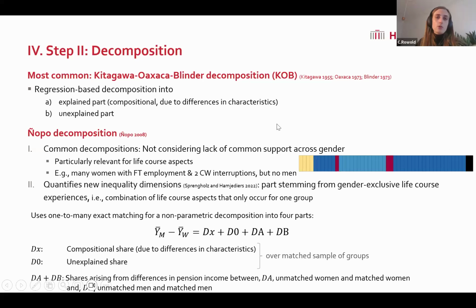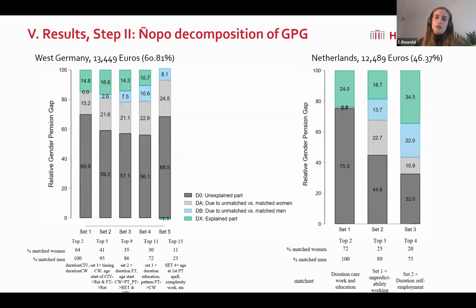Okay, let's have a look at what this looks like in reality, the decomposition of the gender pension gap. So first of all, we see that these gender pension gaps reach really, really high levels in both countries, again much higher than the gender wage gap. And then what you see here is the decomposition into these 4 parts for the stepwise models.